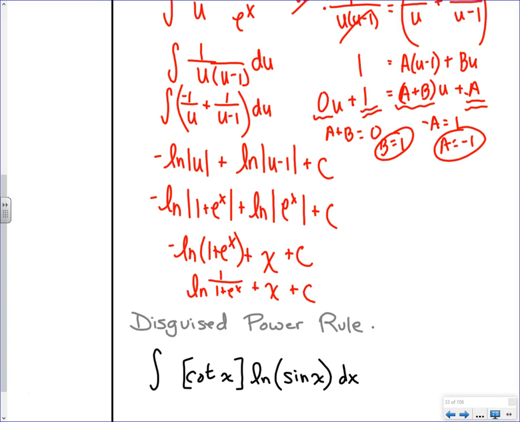Or they could have done ln of e to the x over 1 plus e to the x. Oh, but you don't need absolute value, that's always positive. It would have been division because of the negative. There you go. Any of those would have been right.